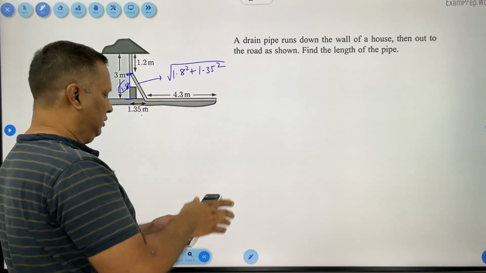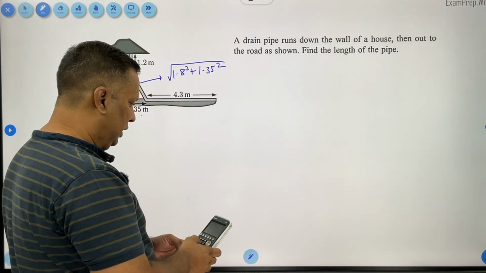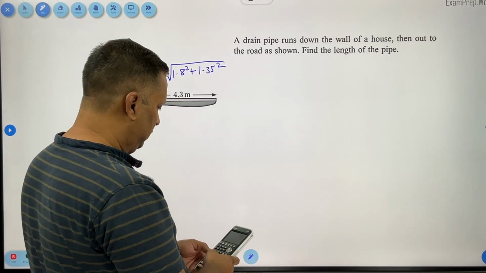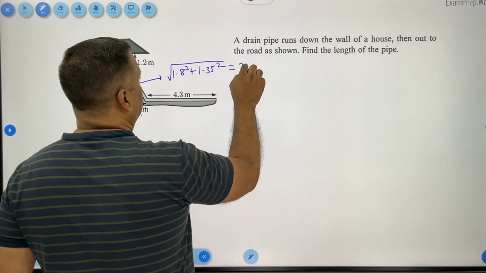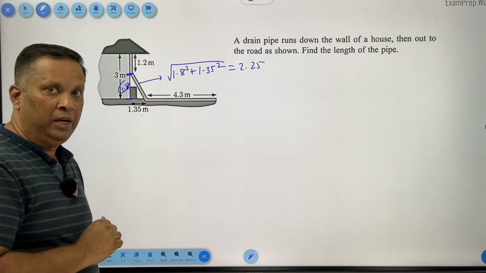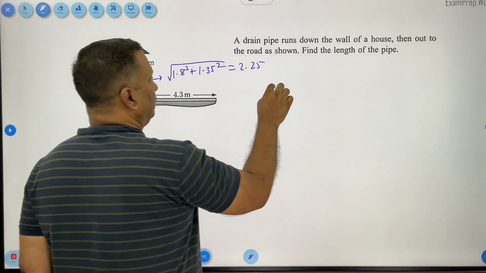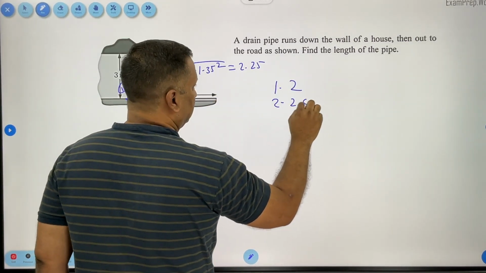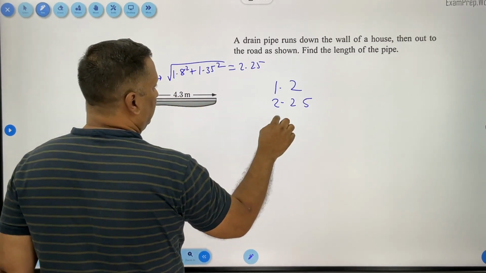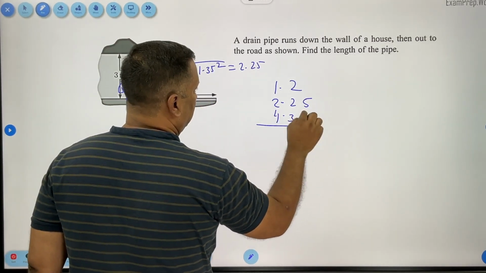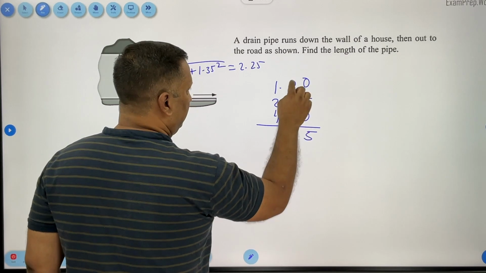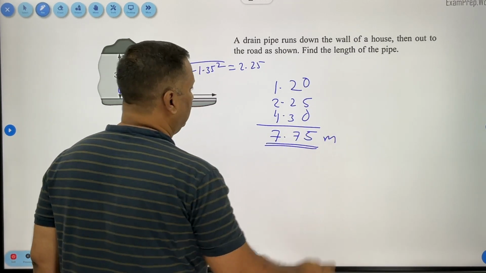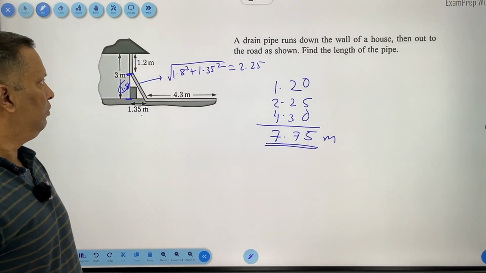The angular one, root of 1.8 square plus 1.35 square gives us 2.25. So now the length of the drain pipe has 3 parts. One is 1.2. The second part is 2.25, we just calculated this. And the third part is 4.3. Let's add them. 7.75 meters is the final answer, the length of the total drain pipe.